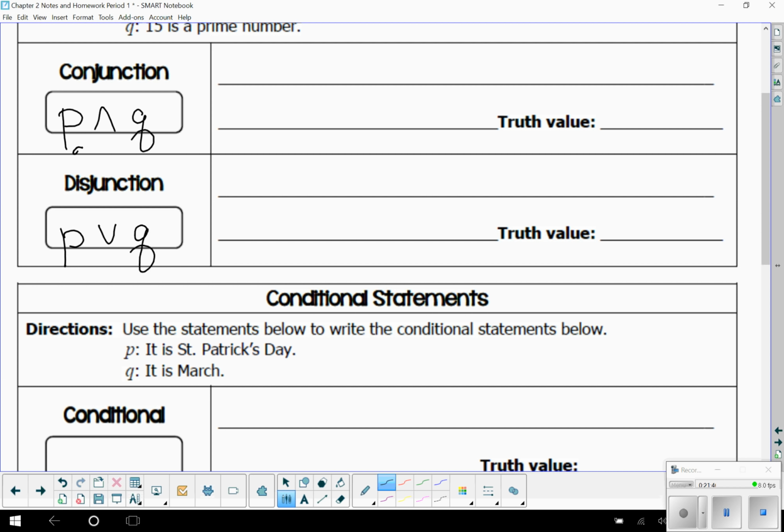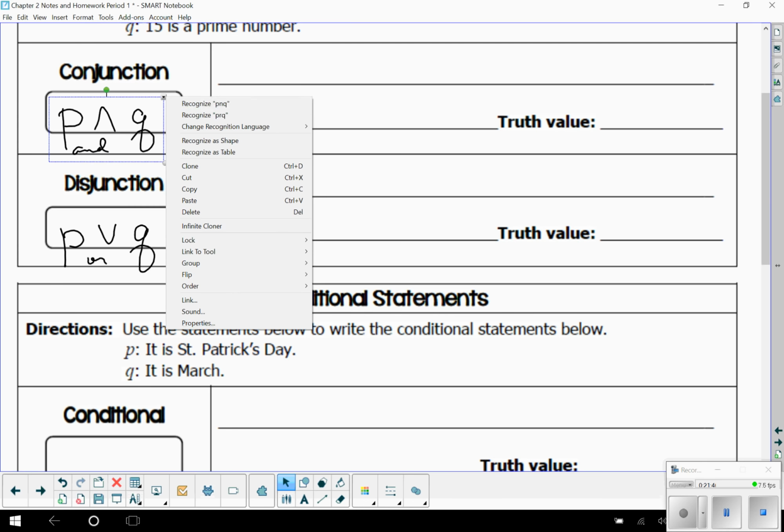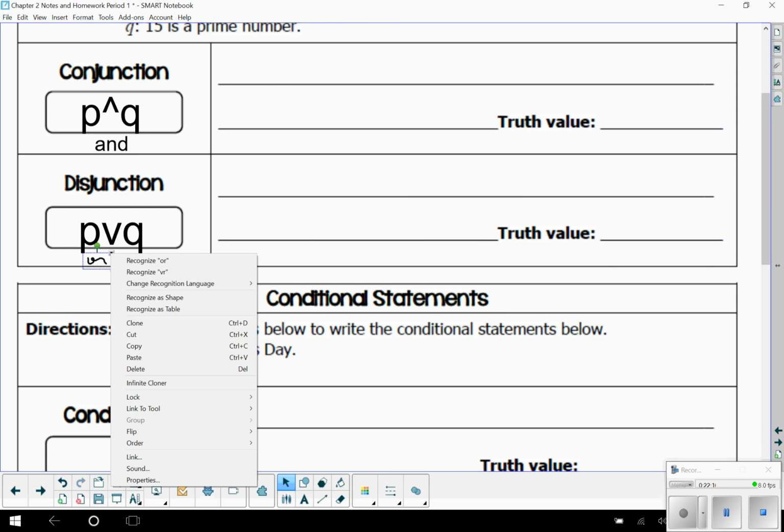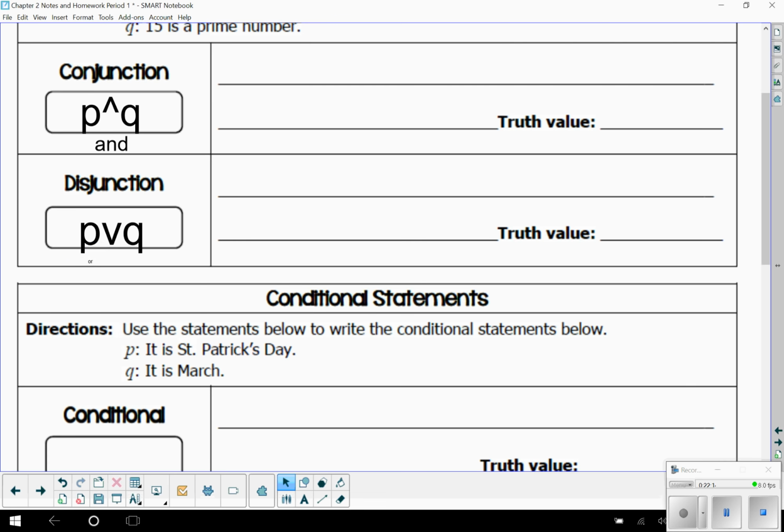So this is your "and" and this is your "or." Your conjunction and your disjunction.